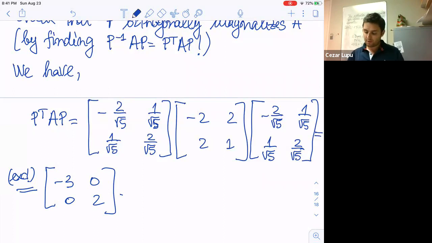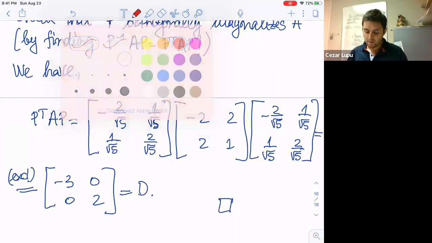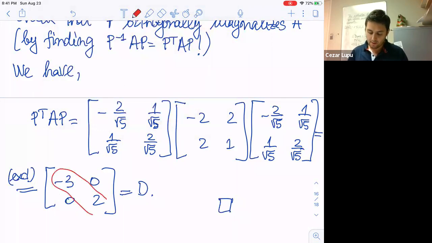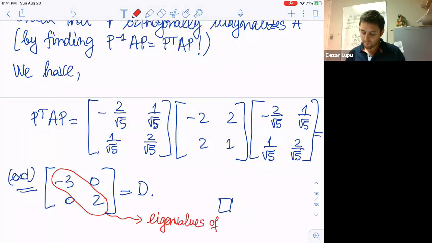We found the matrix P that orthogonally diagonalizes A. And this is a diagonal matrix, let's say this is D. As you can see, if you look at the main diagonal, these are nothing else than just the eigenvalues of A.